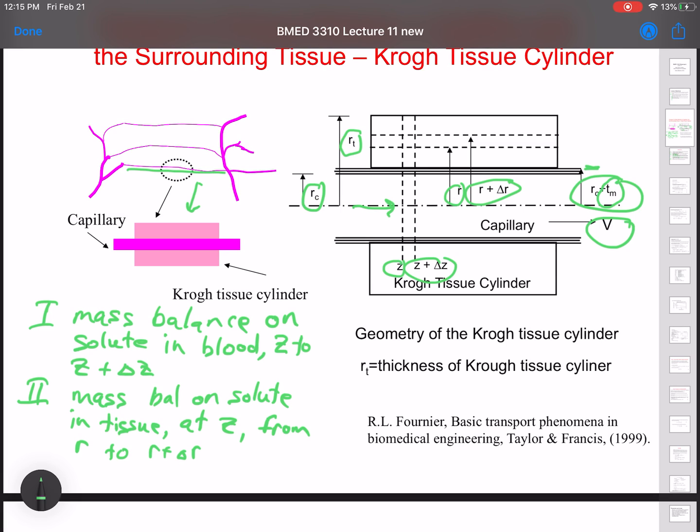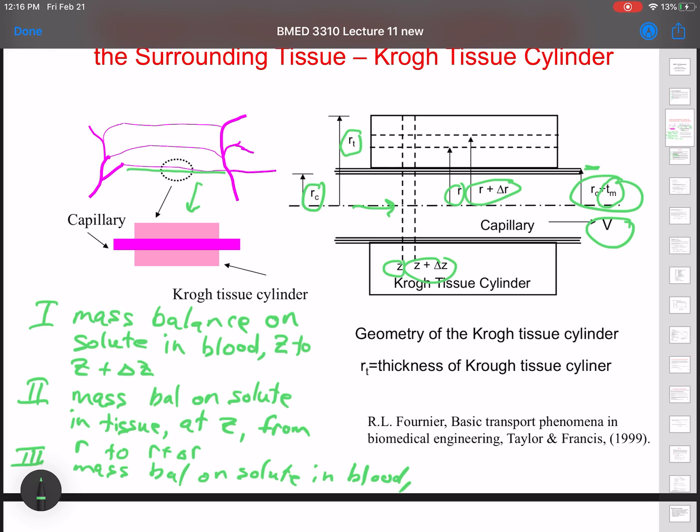So at some distance Z with the blood flowing along the capillary, we're still varying the radial dimension. And then finally, the third one is actually the same as the first. It's a mass balance on the solute in the blood.